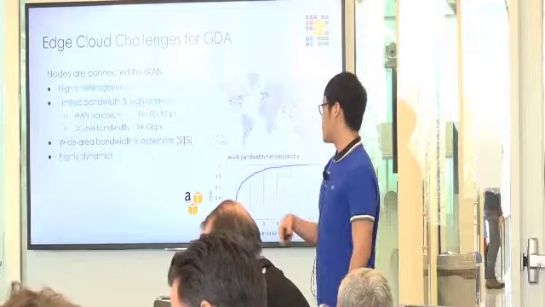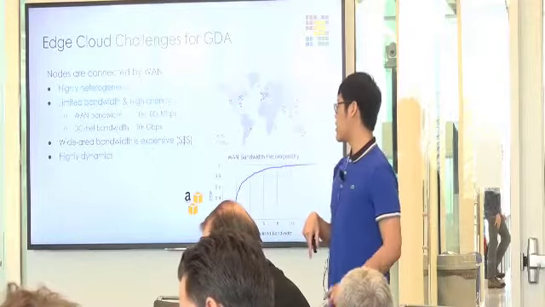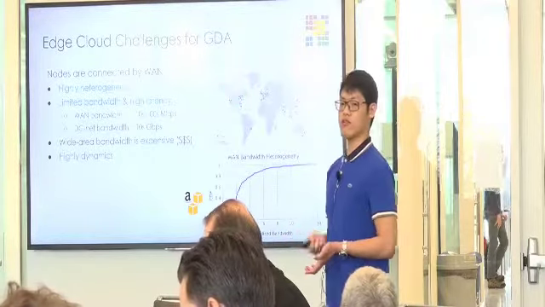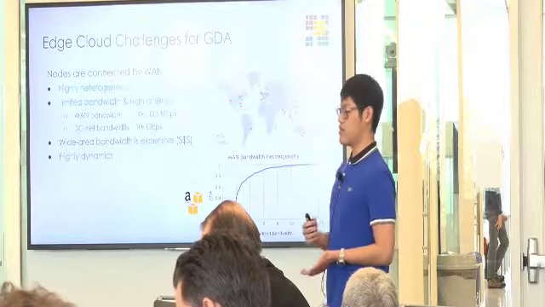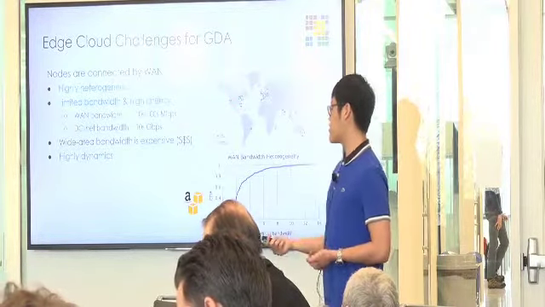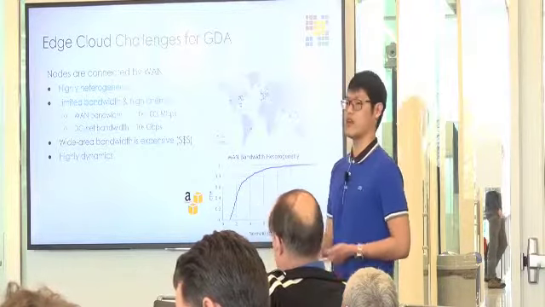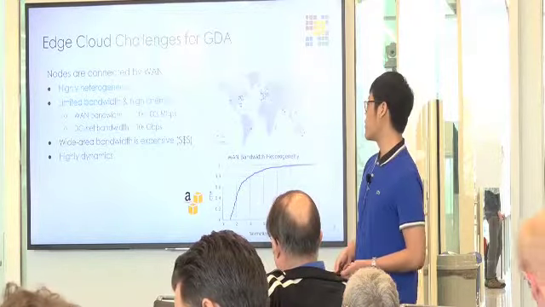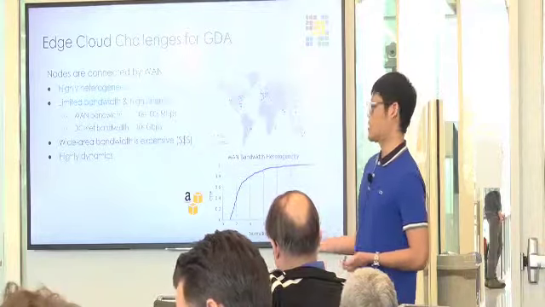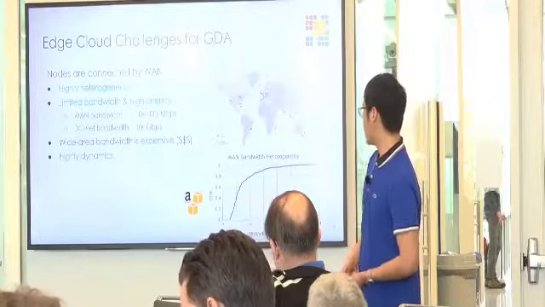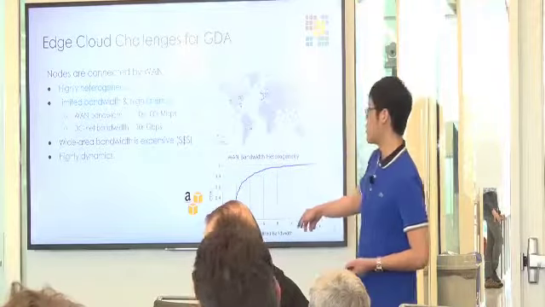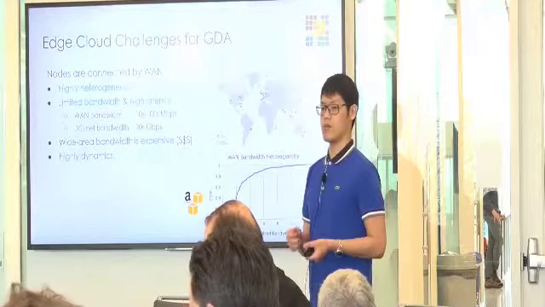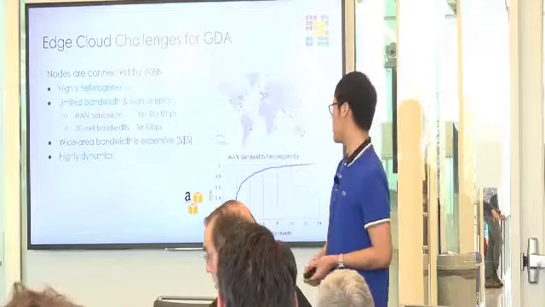So we see from the previous example that we can use an edge cloud system for processing geo-distributed data, but the main challenge for an edge cloud system is the wide area network itself. As we know, the wide area network is highly heterogeneous. If you look at this graph here at the bottom right corner, we did a measurement of bandwidth between servers in Amazon EC2.